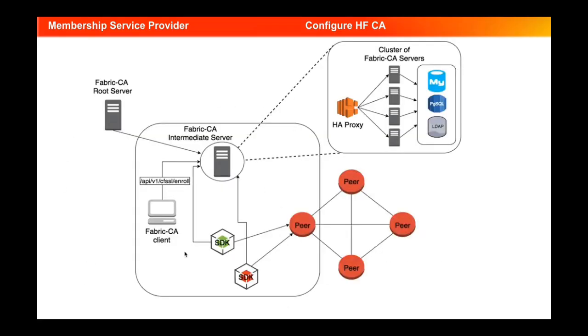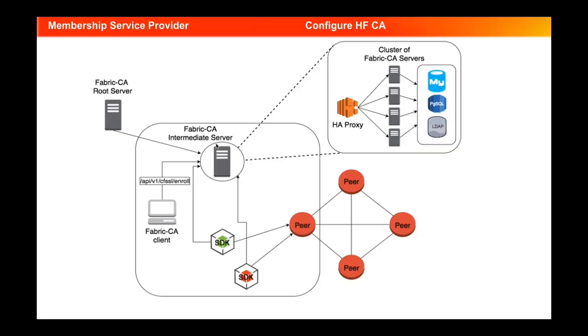Let me explain this diagram. You can see two major components: the Fabric CA server and the Fabric CA client. The Fabric CA root server will be associated with the Fabric CA intermediate server. The intermediate server can have multiple servers for high availability.